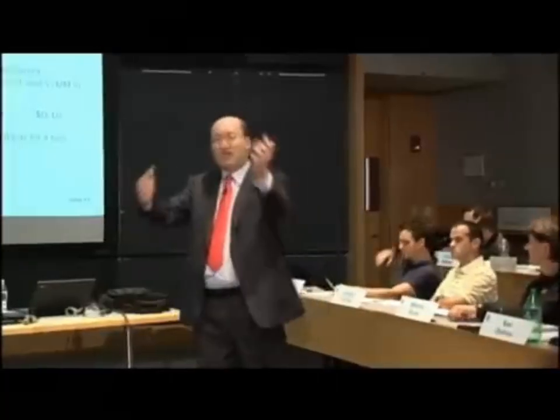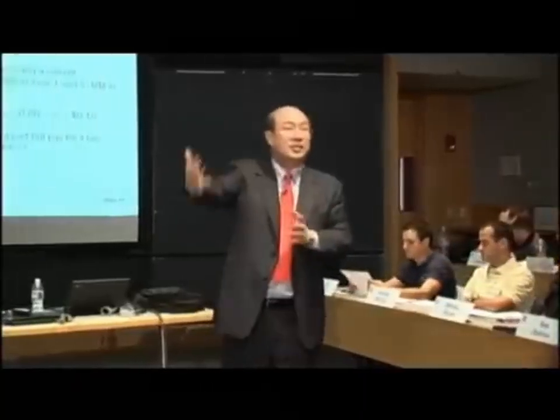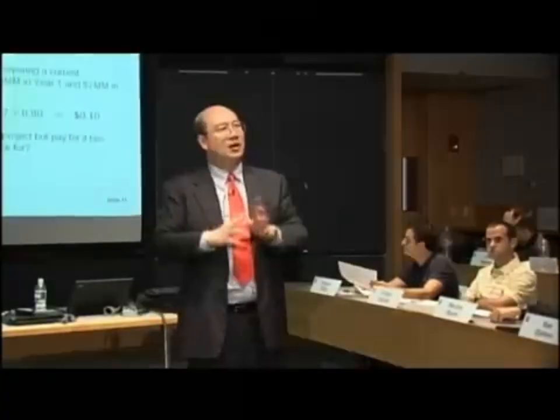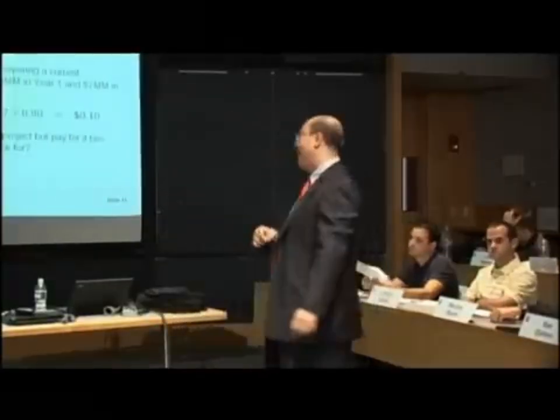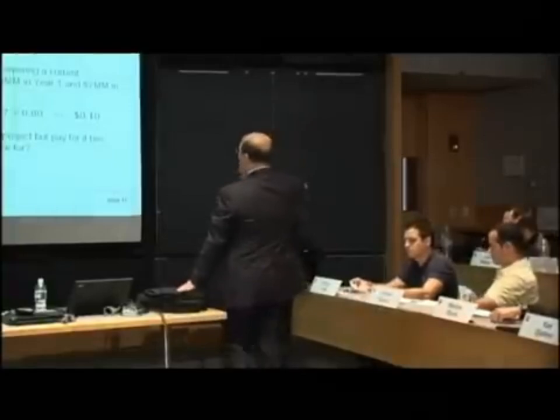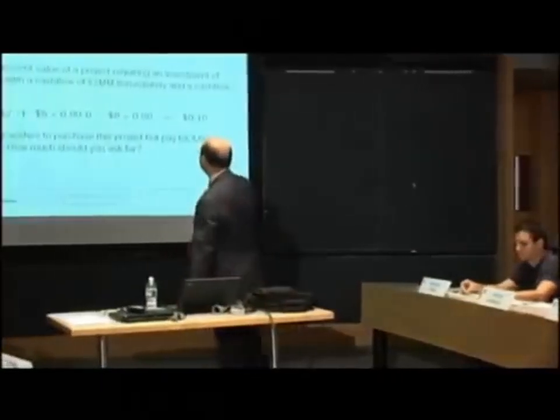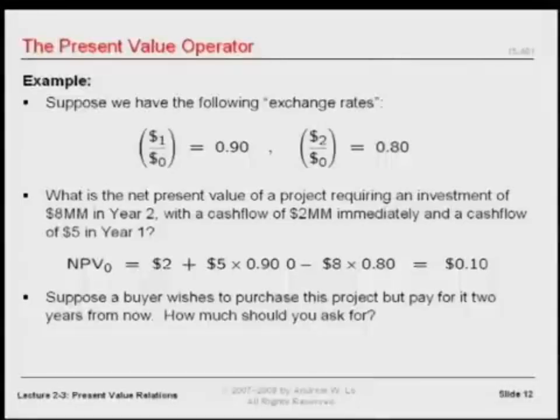Draw a timeline so you know exactly what's going on. 2 years from now, is that next year? Or is that 2 years from today? So draw a timeline, and once you have the timeline, you can figure out what the present values and future values are. So when you work out the numbers, you can actually make a decision and figure out exactly what you ought to charge for that. Okay.